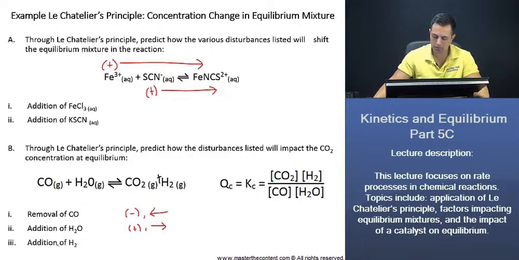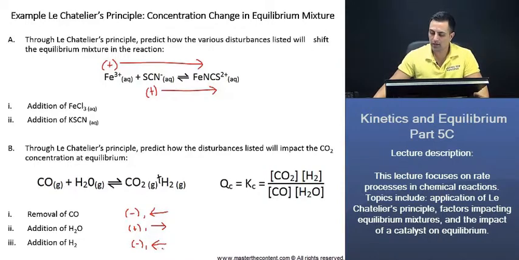With the addition of hydrogen, if we add hydrogen here, the reaction will shift to the left and that will decrease the carbon dioxide. Then we can say here that this will decrease carbon dioxide since the reaction will be going to the left. Perfect.